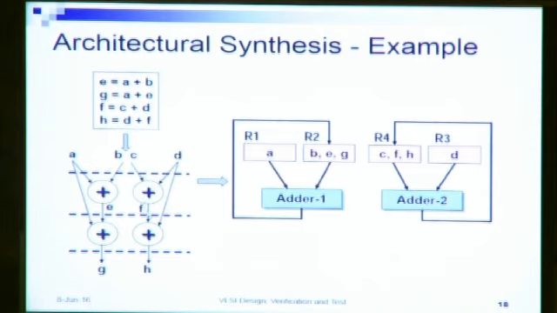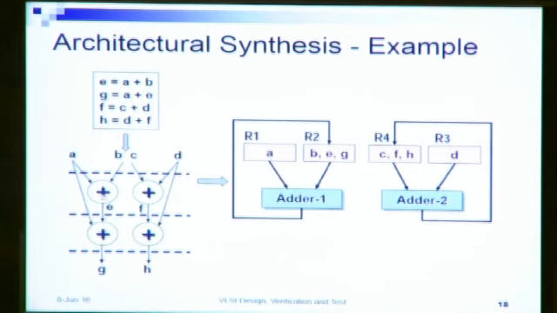The output of the addition operation is this F, and this F is then taken as input to the next addition operation at the next time step. D is the other input, and H is finally produced as output at the second time step. So we understand that this whole design can be completed in 2 time steps.